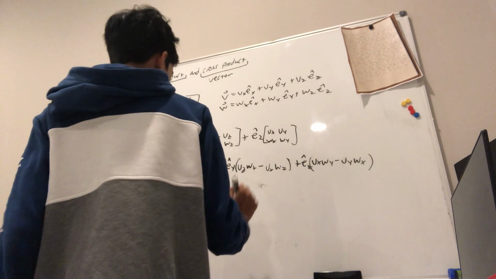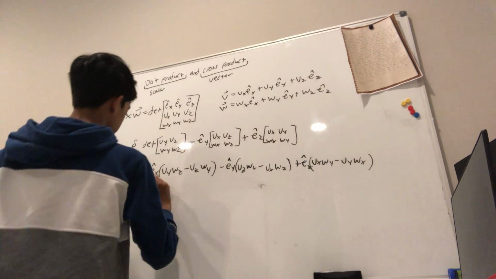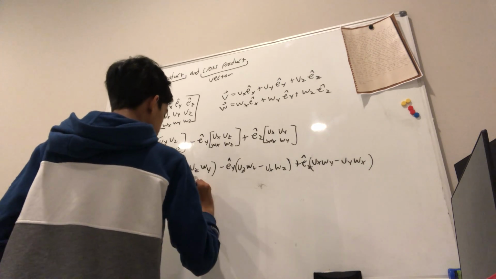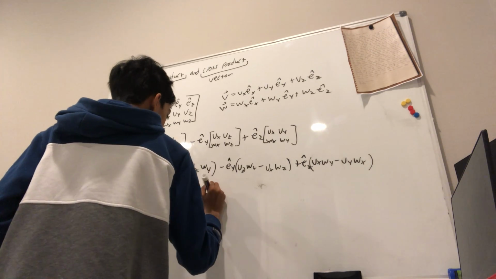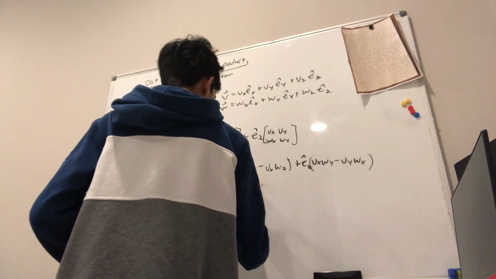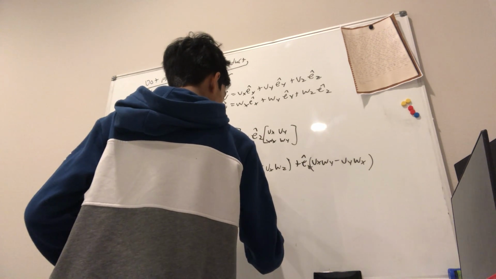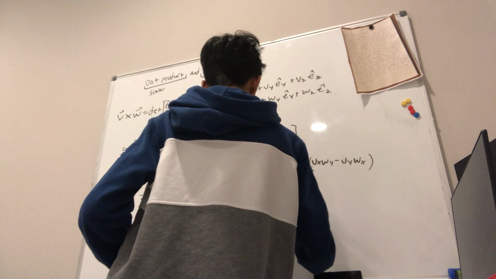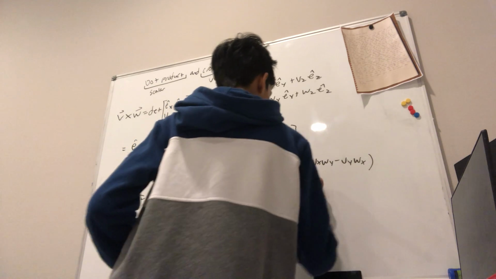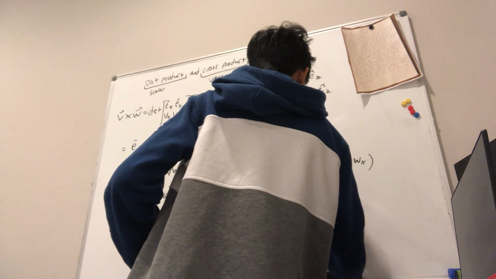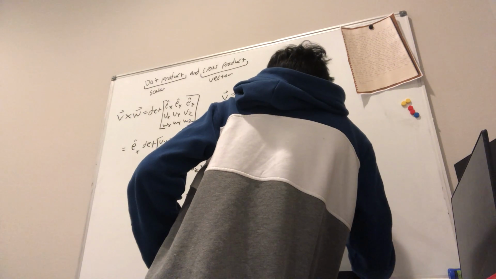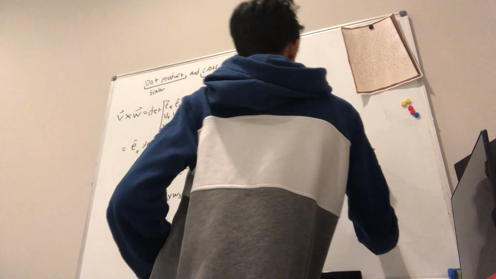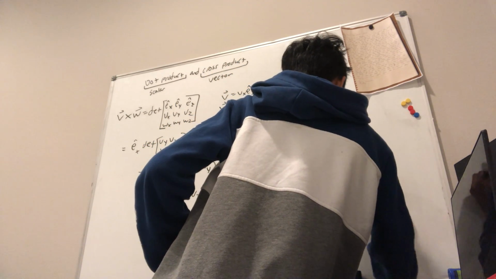And yeah, so we could just distribute this negative sign. So this vector would just be e hat x times vy wz minus vz wy, plus e hat y times vx wz minus vz wx, plus e hat z times vx wy minus vy wx.